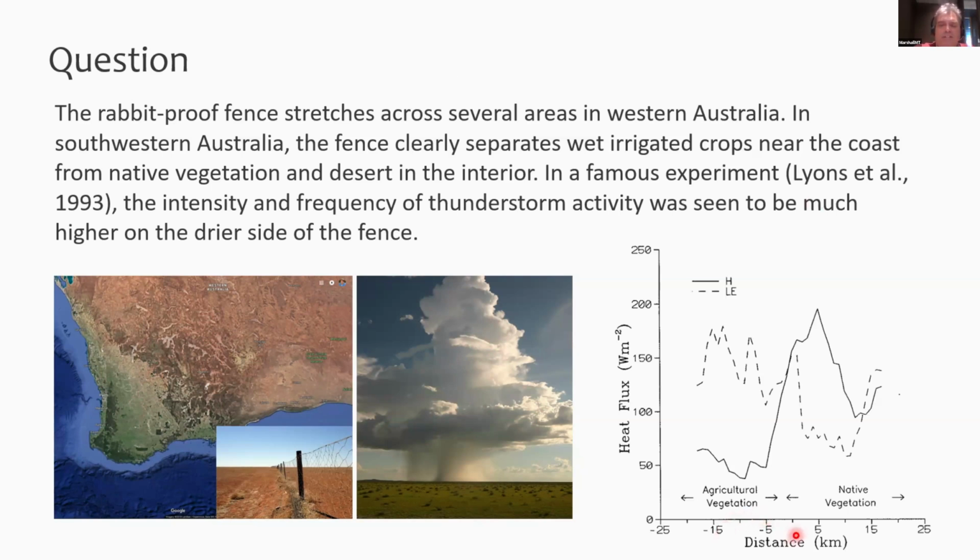You can see here on the x-axis, this is the distance from the rabbit fence in kilometers, and you can see the agricultural area, the lush area versus the sparsely vegetated area is clearly demarcated. And then you also have the heat flux for sensible heat, the solid line here, and the dotted line. Right, so I just want you to observe the patterns in sensible and latent heat for the wet, vegetated, irrigated side versus the drier, sparsely vegetated side.